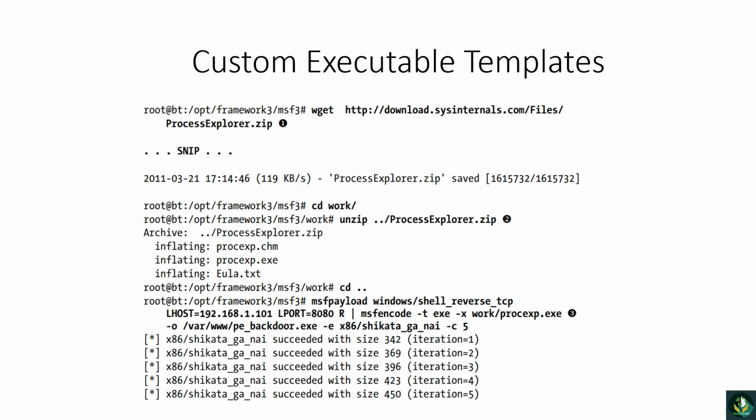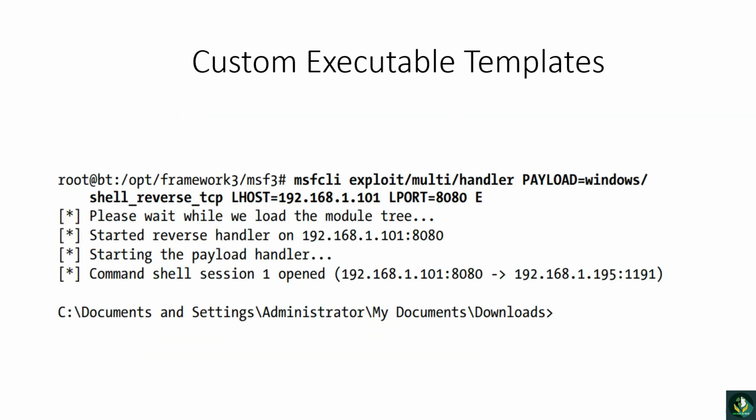After encoding is completed, we start up the multi-handler through msfcli, and then listen for the incoming connection, as you can see here. After that, a command shell is opened in this specific directory, and we have successfully opened a shell without being detected by antivirus software.